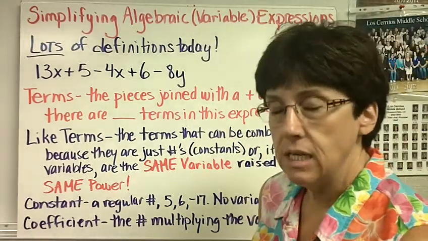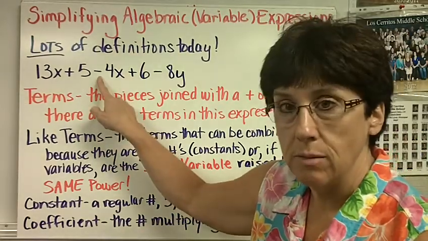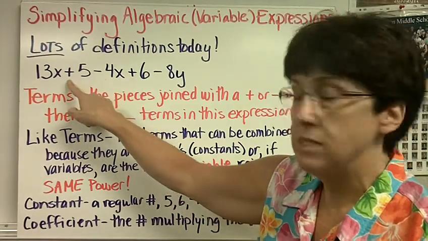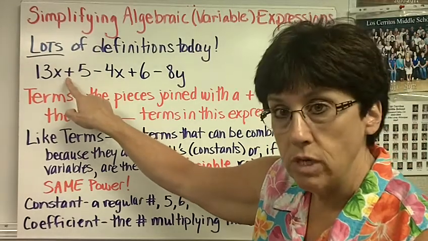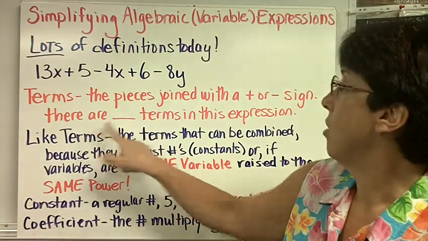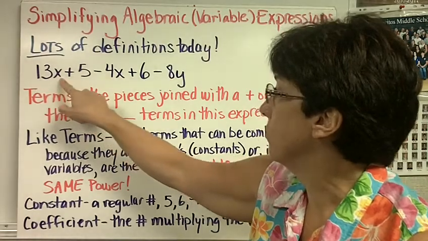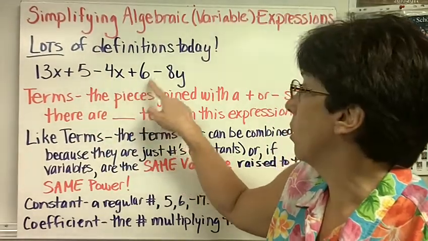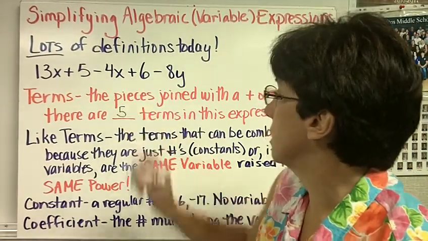Now some books technically just say addition signs because we know we can rewrite any subtraction as adding the opposite, but if it's not written that way, I don't want it to confuse you. So I want you to just think if it's joined by a plus sign or a minus sign, then those are the terms. So there are how many terms in this expression? Let's count them. 1, 2, 3, 4, 5. So there are 5 terms in this expression.